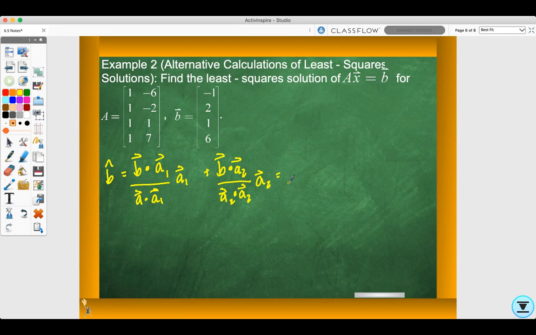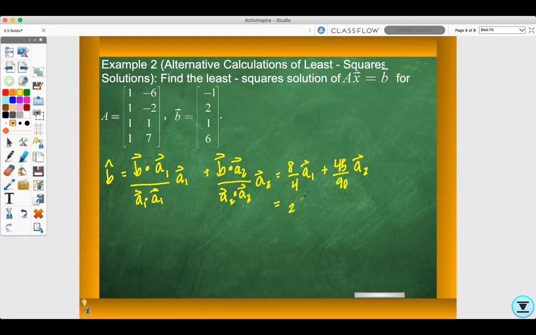b dot A1 is 8. A1 dot A1 is 4. And that's times A1, plus b dot A2 is 45, A2 dot A2 is 90, times A2.